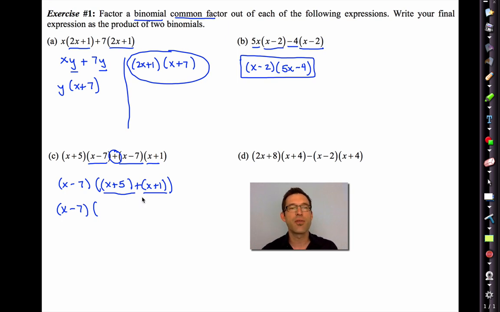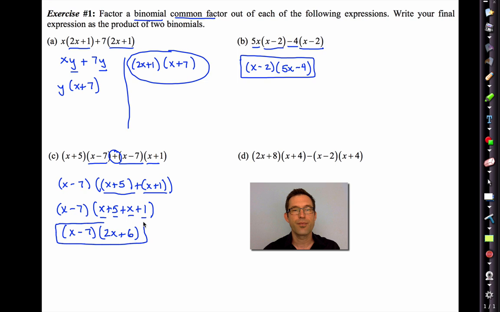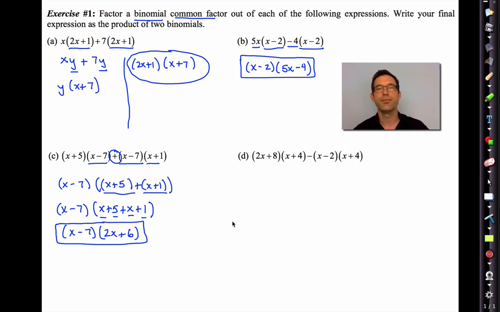We're not distributing anything, and because addition is commutative and associative, I can get rid of those parentheses and rewrite it like this. I won't write out all the steps, but we could swing a bunch of things around, and we'd have an x and a 2x, then we'd have a 5 and a 1, and we'd have plus 6. All right, so that's pretty easy.